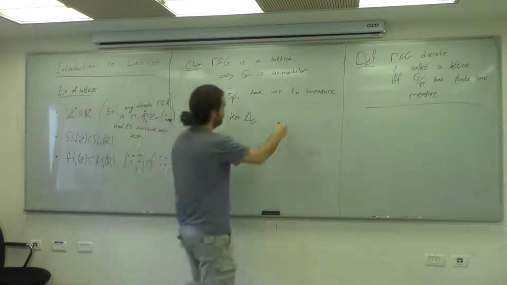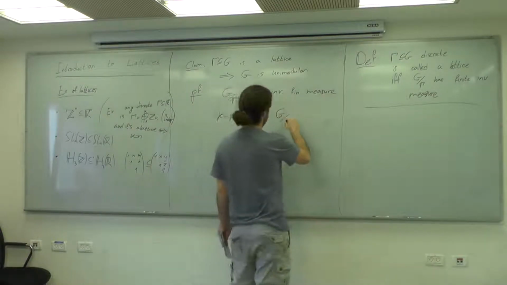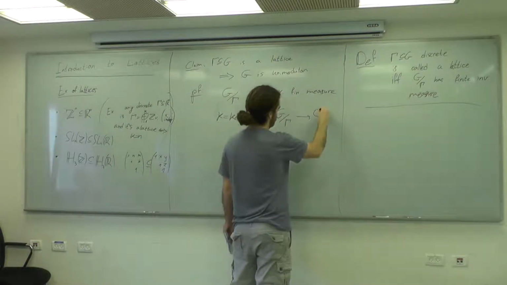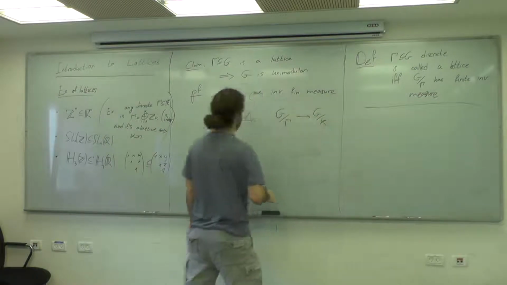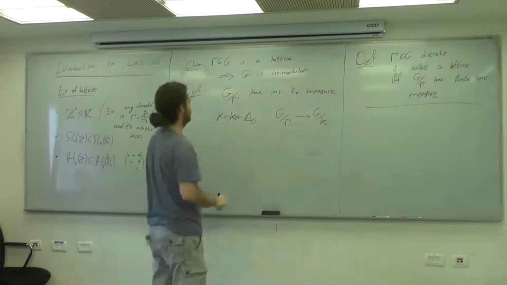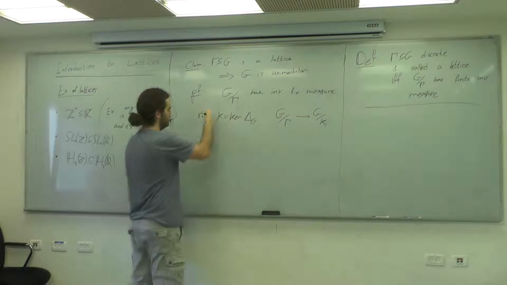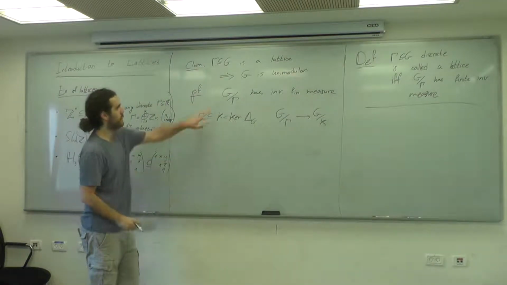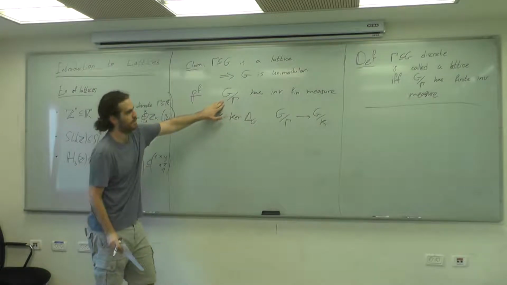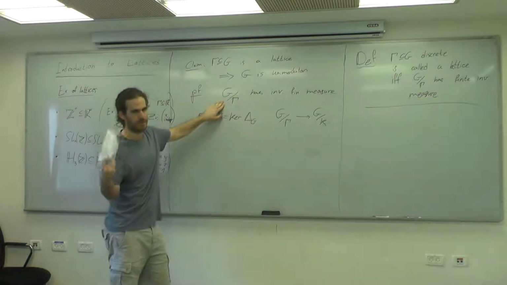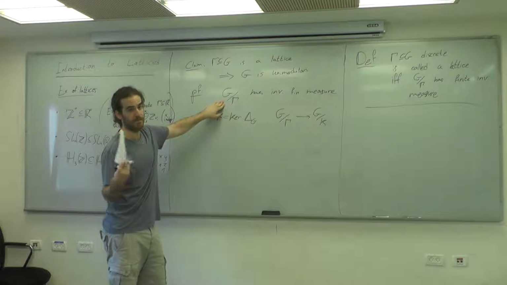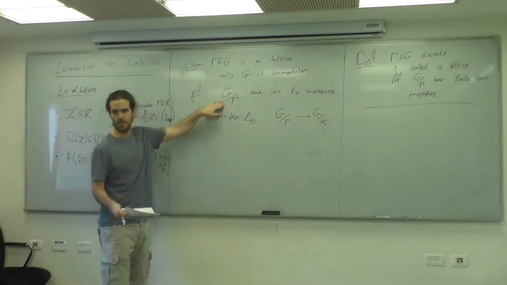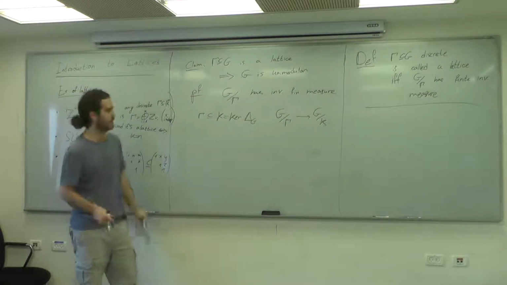Now, G mod gamma, you can map it to G mod K surjectively. Wait, I forgot to mention something. Gamma has to be a subset of K, and this is because we know it has an invariant measure. By the previous criteria, the modular function of G restricted to gamma has to be equal to 1.